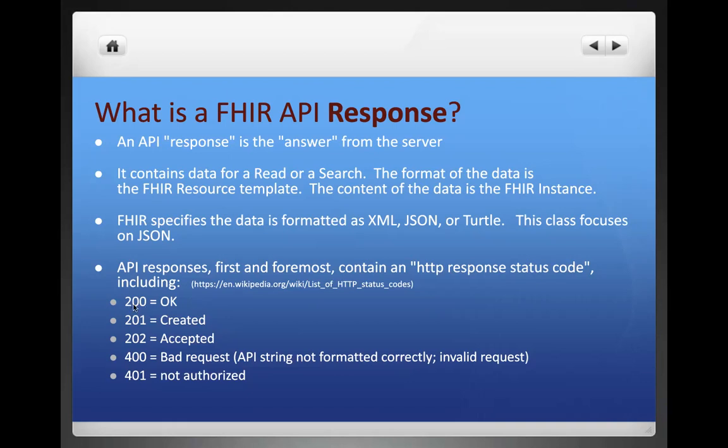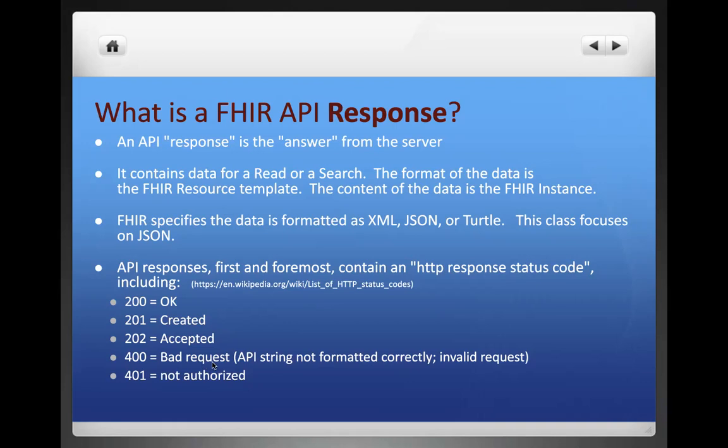So you're going to see a lot, we hope, of code 200, which means okay. If you're creating something, you're going to see a 201, which means that was created on the server. A 202 means the server accepted it. A 202 is similar to a 200 okay, but maybe it got queued, maybe it was deprecated instead of deleted, but basically it was accepted. Not quite the same as okay, but pretty similar.